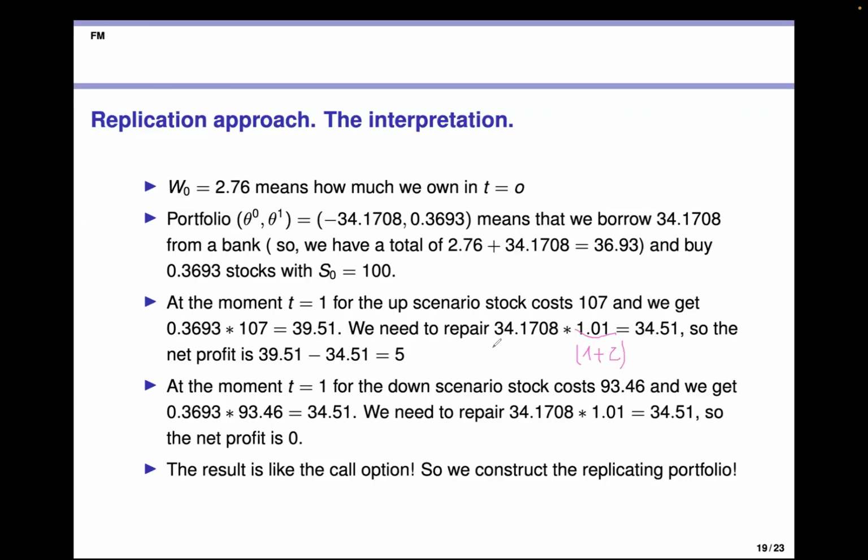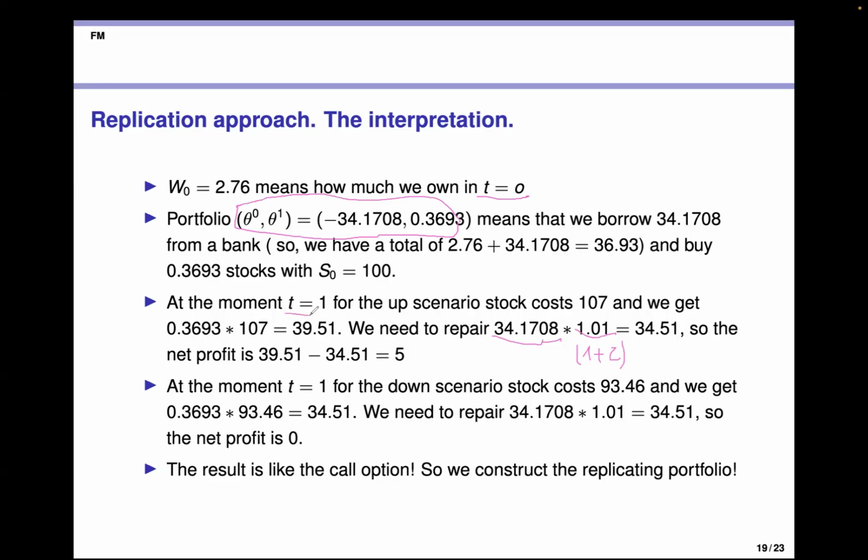But where is this from? It is calculated like here. We borrowed it. So from t equals 0, this we borrow, and with this amount we bought these stocks.